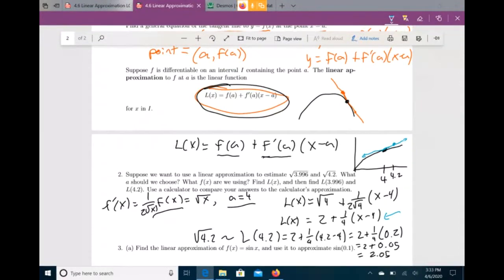That value, 2.05, is the y-coordinate on this tangent line for x-coordinate 4.2.